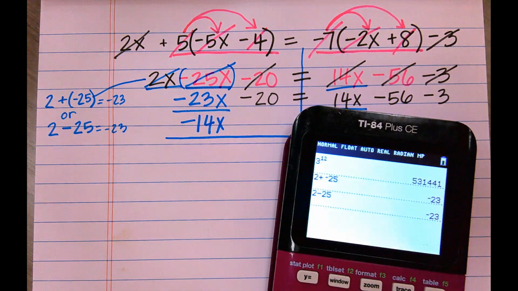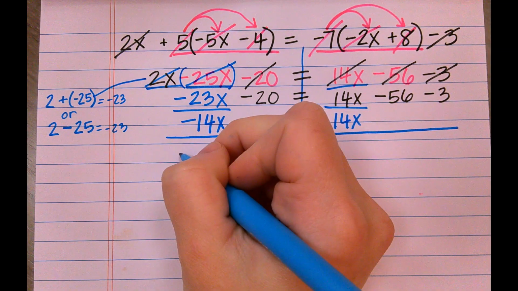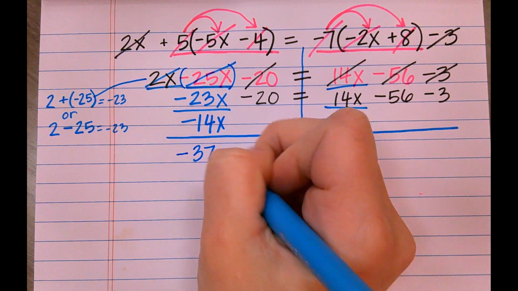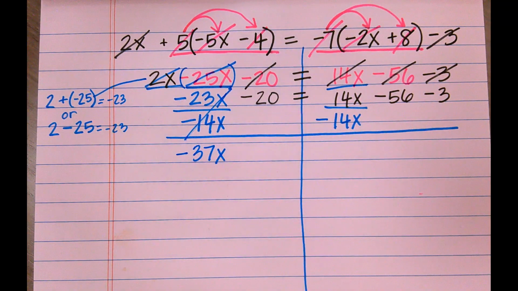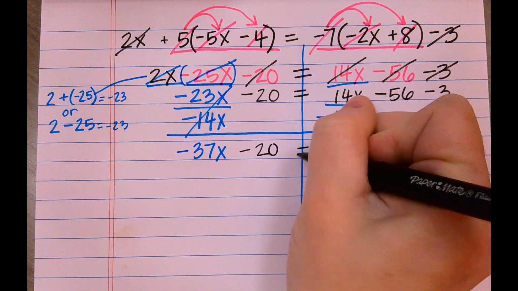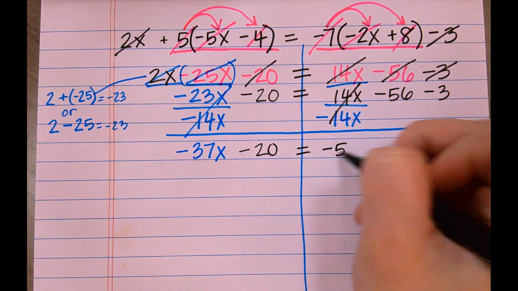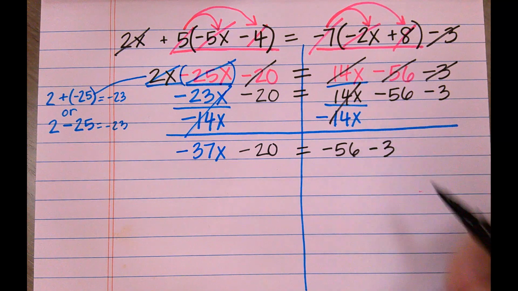Negative 36. So negative 37. I think that's right. Yes, negative 37. So what do we bring down? Negative 37x minus 20 equals minus 56 minus 3.